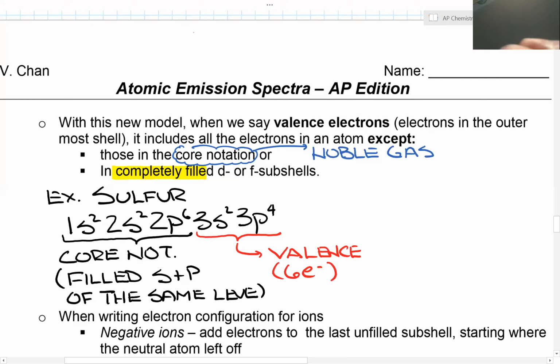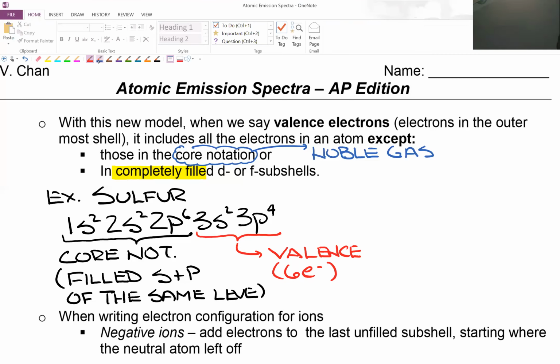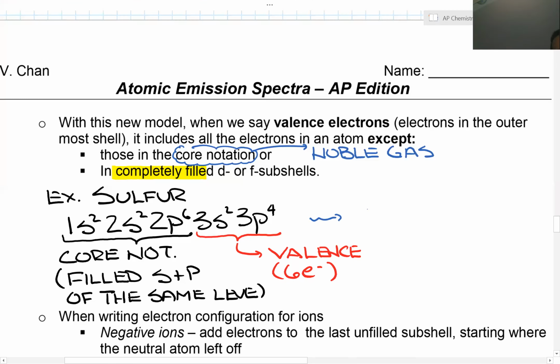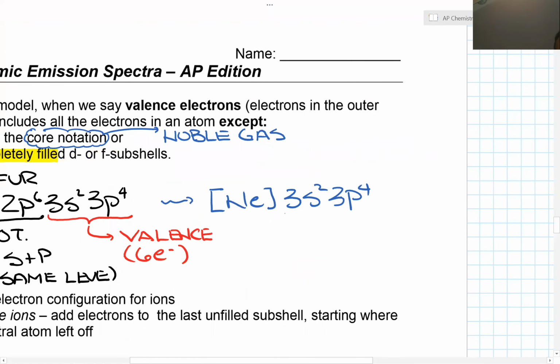So we would write, in square brackets, neon, 3s2, 3p4. Again, here you have 6 valence electrons.